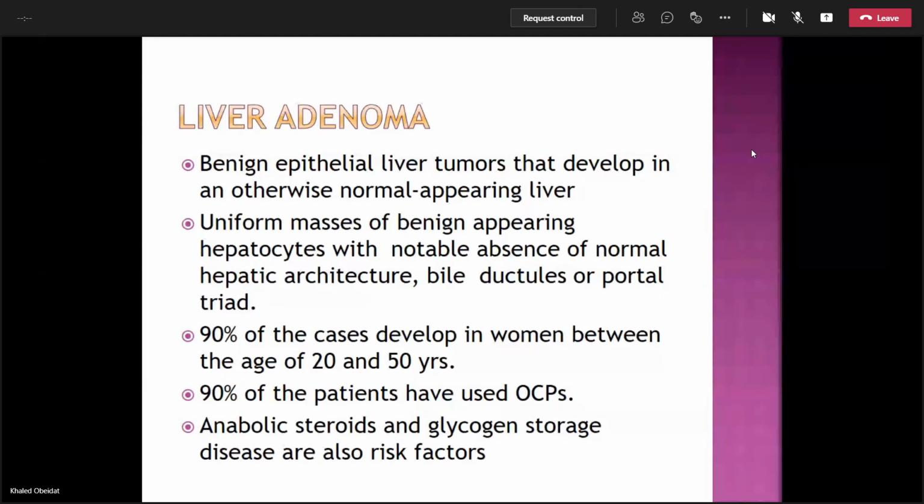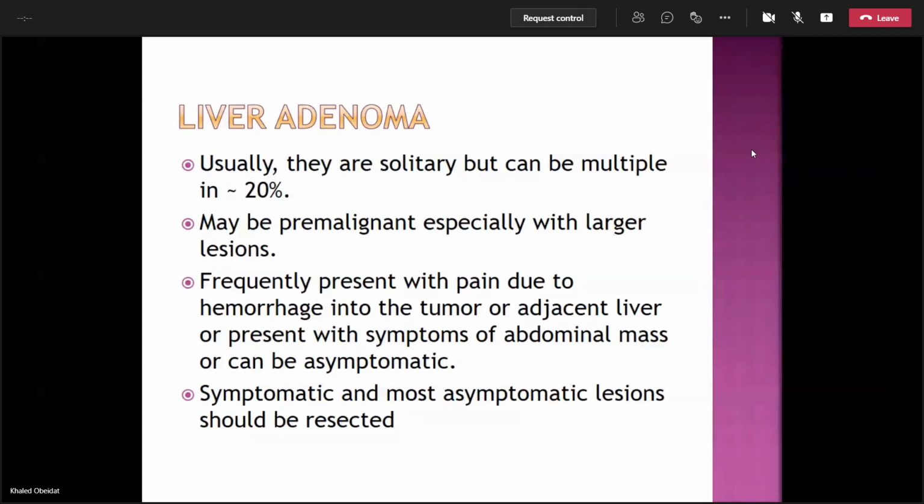Here, the difference from hemangioma is that there is malignant potential for adenoma. It may transform into hepatocellular carcinoma, and because also of complications even without transformation into malignant hepatocellular carcinoma, the risk of rupture or bleeding inside the tumor is significant.